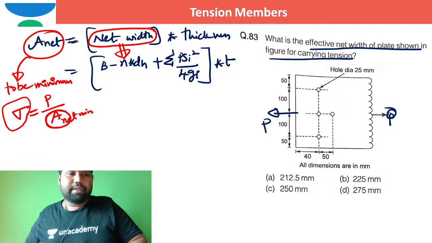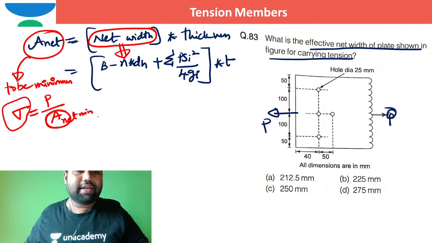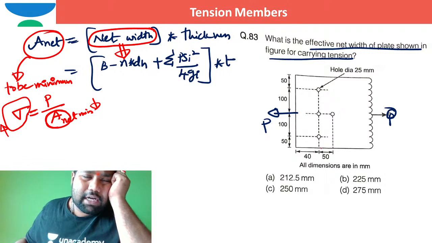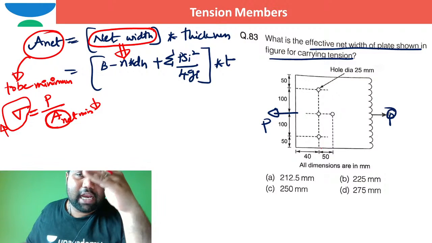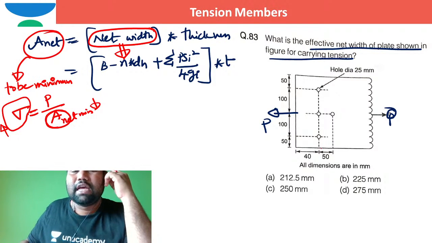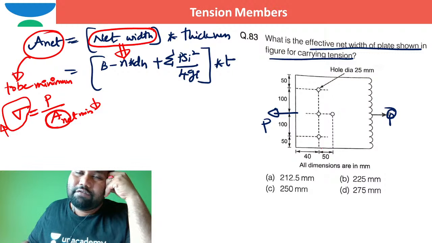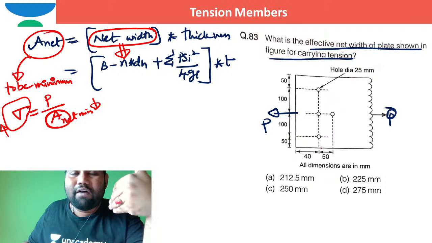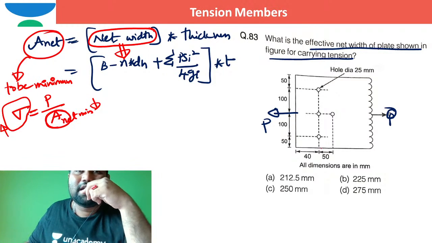Okay, right. So when A net is minimum, this sigma will increase. So try to choose the minimum width so that the net area will be minimum, because along that line only fracture is possible. From your fundamentals of strength of materials and theories of failure, failure generally happens along the section where the net area is minimum, because the developing stresses are more than the permissible stresses along such a path.